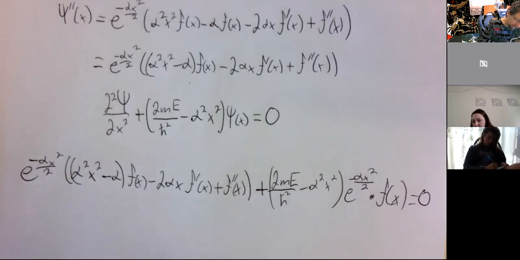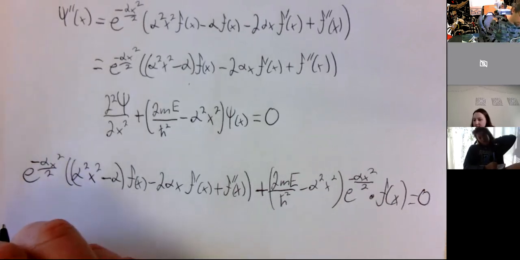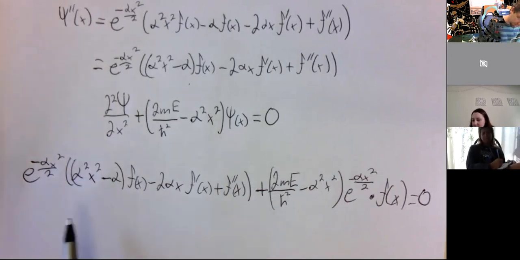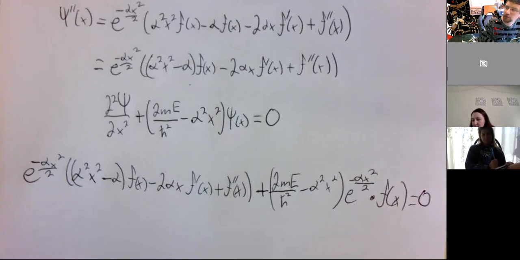Let's look for things that we can try and cancel out. We're going to multiply some stuff through and see if anything can go away. Do you see anything that can be pulled out from this entire expression? The e to the minus alpha x squared over 2. Yeah, exactly.